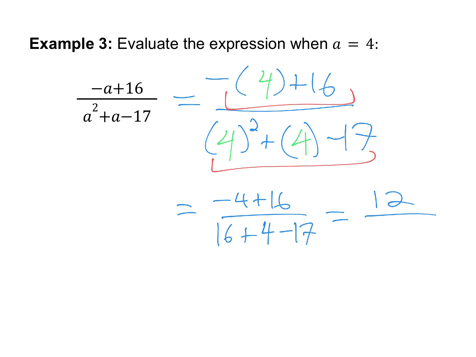Working left to right, I add 16 plus 4 and get 20. And then subtract 20 minus 17 is 3. And now it actually works out very nicely. If you divide 12 by 3, you get 4. And so that's definitely the best answer for this problem. And so that is evaluating rational expressions at a given value.